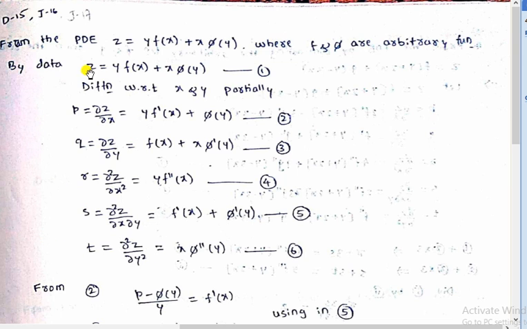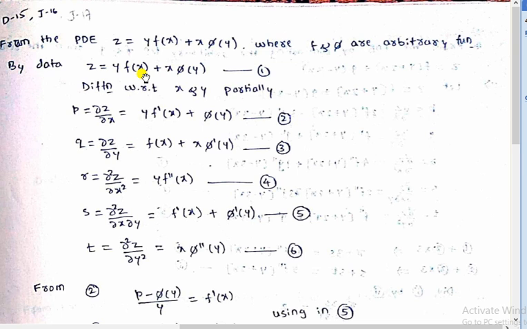Solution: differentiate the given equation with respect to x first, partially, treating y as constant. So dou z by dou x, that is p, equals y into the differentiation of f of x, which is f dash of x, plus the differentiation of x, which is 1, so phi of y. So equation number 2.